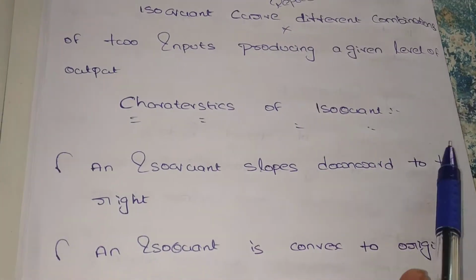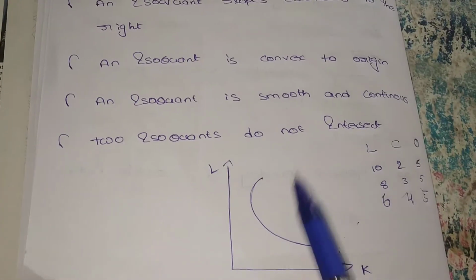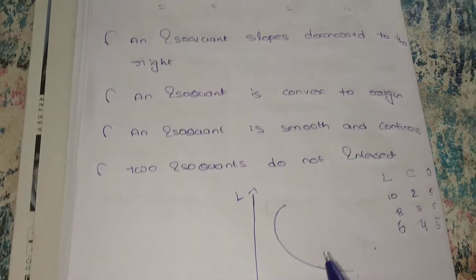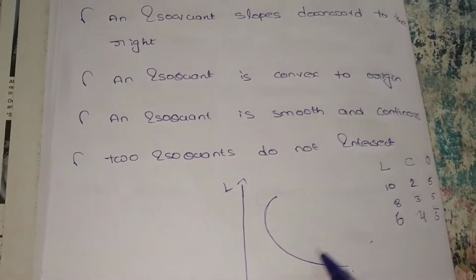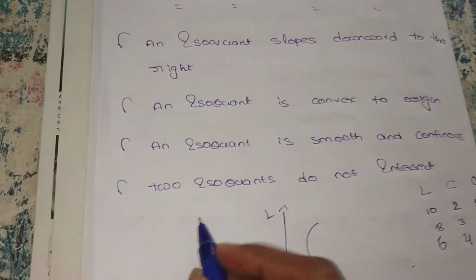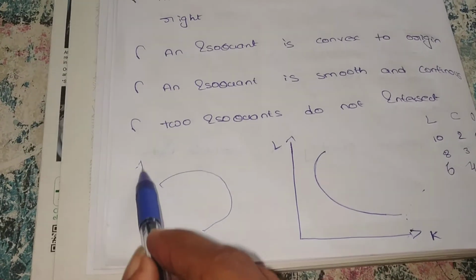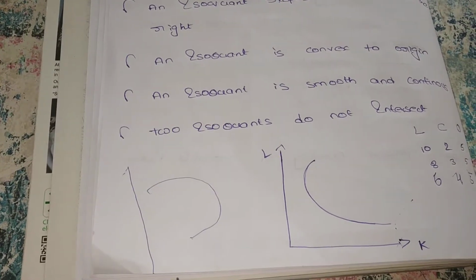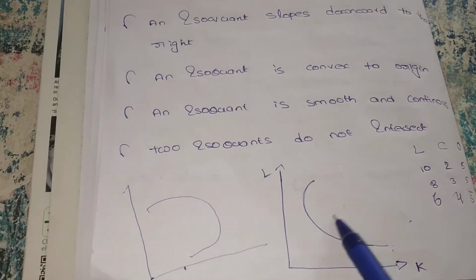So what are the characteristics of an isoquant? An isoquant slopes downward from left to right. And an isoquant is convex to the origin. The concave shape would look like that. Suppose it is a graph I am just drawing. You can say it is concave, but it is convex.